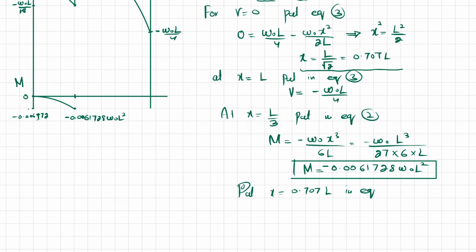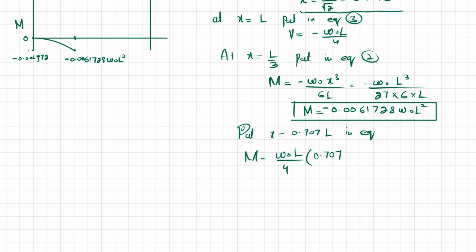So M is equal to W naught L over 4 into 0.707 L minus 0.33 L minus 1 over 6 W naught L cube over L into 0.3533. This is very simple.